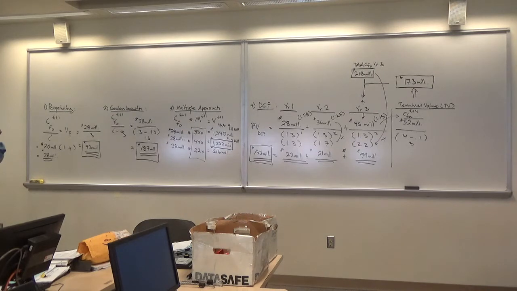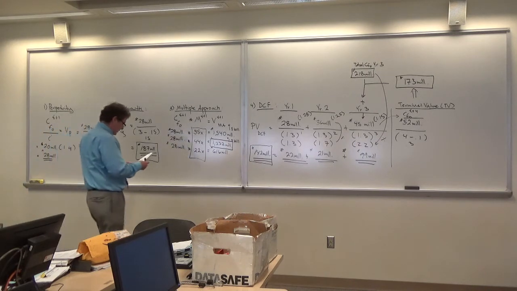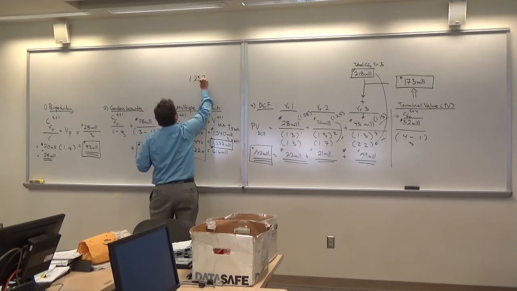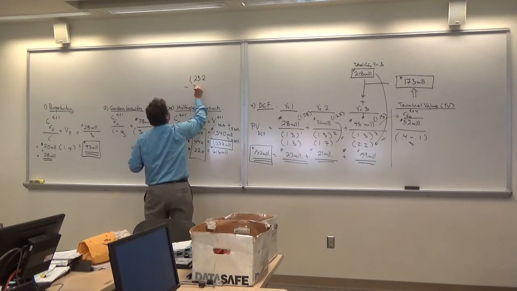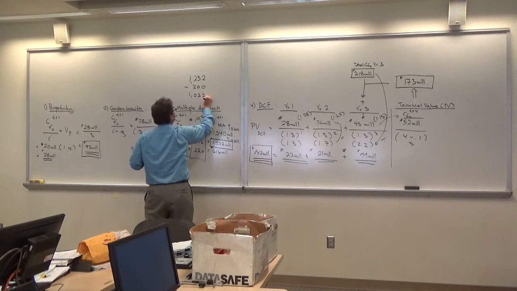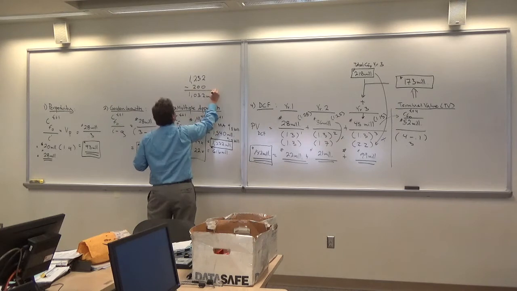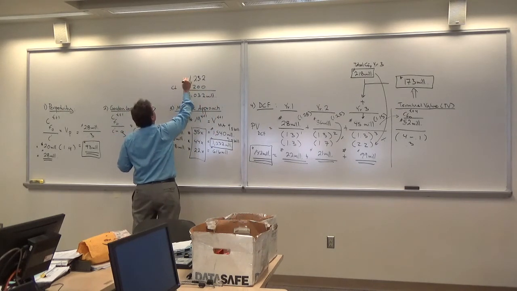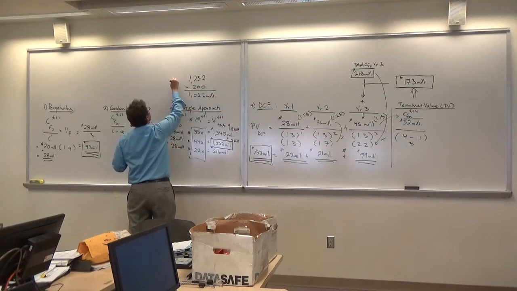But we're getting a net present value of how much? 1,232 minus the 200 is 1,032,000,000. This is our cost, and this is the value under the multiple approach.